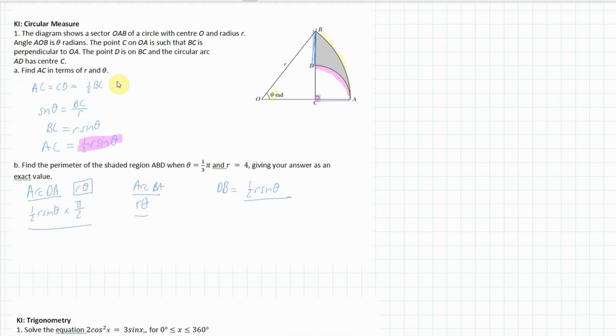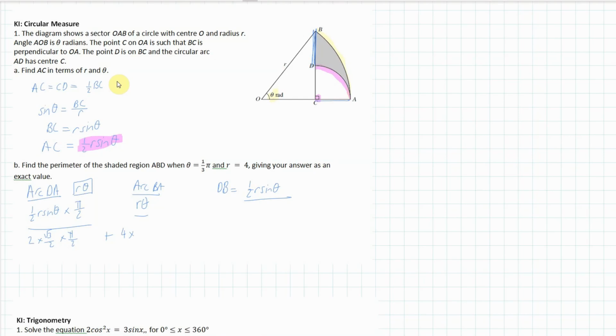So we would have, half times 4, sorry, my mistake, half times 4 for our radius is 2. So we get 2 times sine theta. Now sine of pi over 3 is square root 3 over 2. And then we've got times pi over 2. Then we're going to add to that R, so that's 4 times theta.